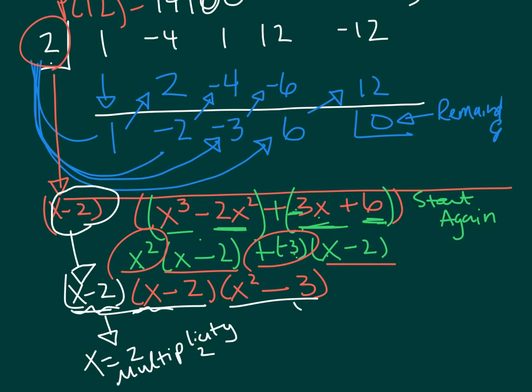Our x squared minus 3, we're going to need to set separately equal to 0 and solve that. Because it's x squared minus 3, we can just go ahead and add the 3 to both sides. We get x squared equals 3. Taking the square root of both sides, we get x equals plus or minus the square root of 3.